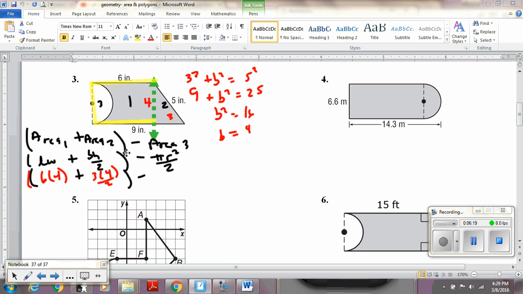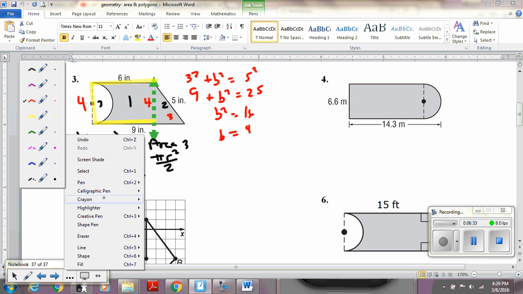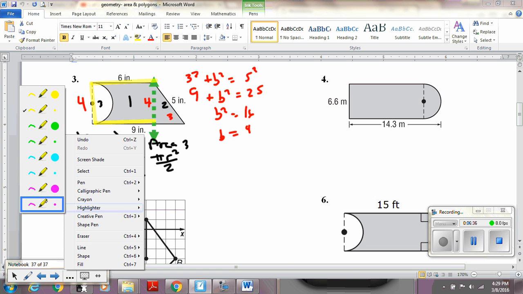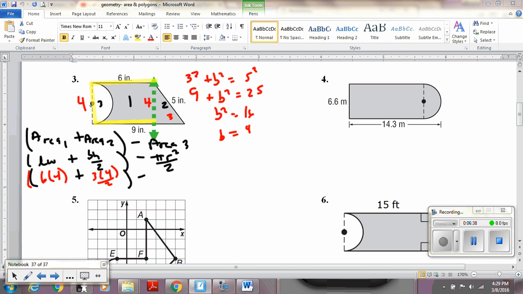For the circle, the diameter is 4, but I need the radius, which is half of that, to find my area. The diameter is the entire piece, but the radius is just to the center.